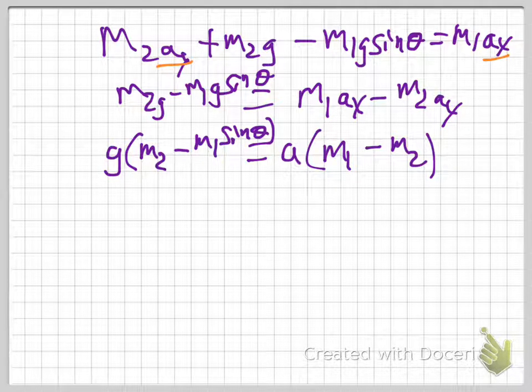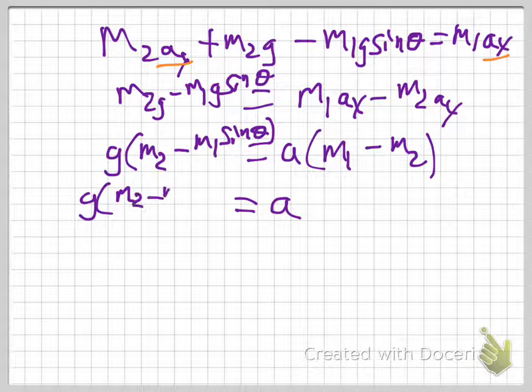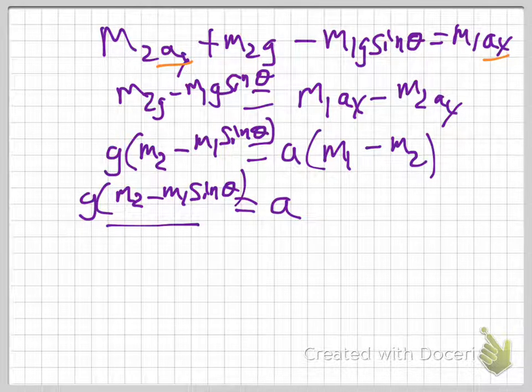And on the left, since the acceleration is in both directions, I'll call it a and pull it out: m1 minus m2. So the acceleration will be g times m2 minus m1 sine of theta, over m1 minus m2. Slightly different. Remember in the other one we had the addition of those two on the bottom.